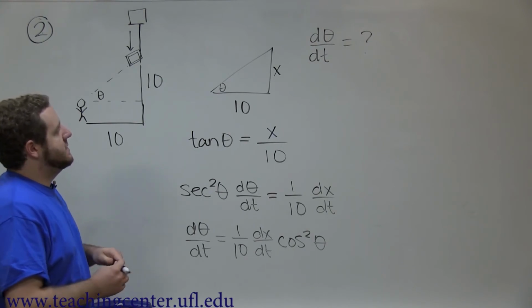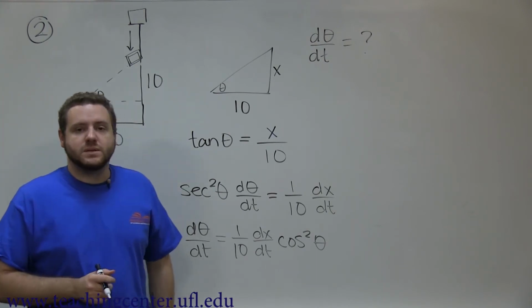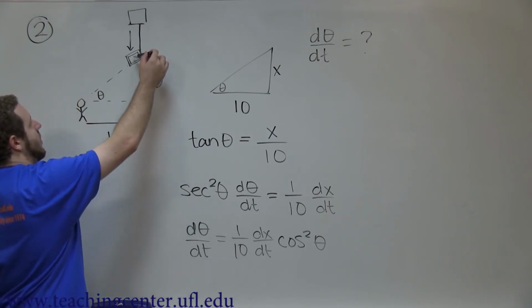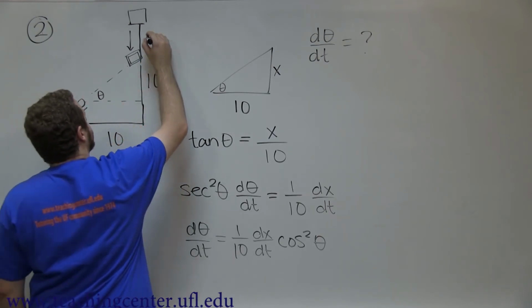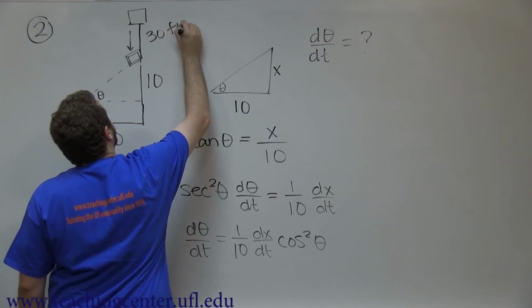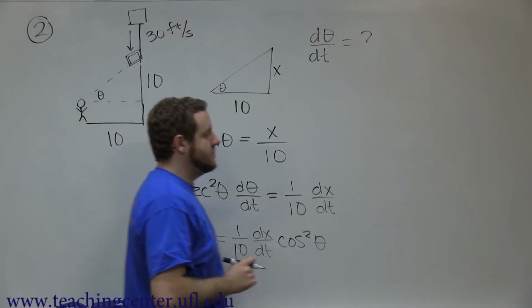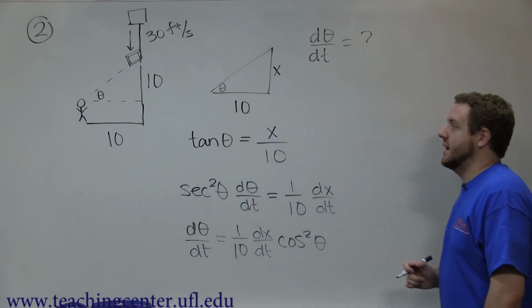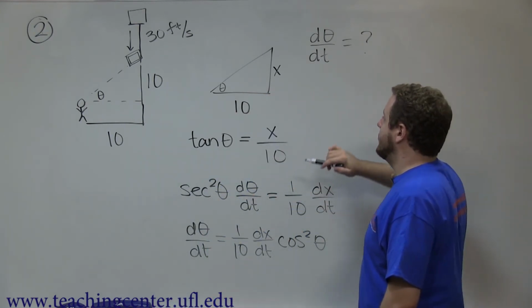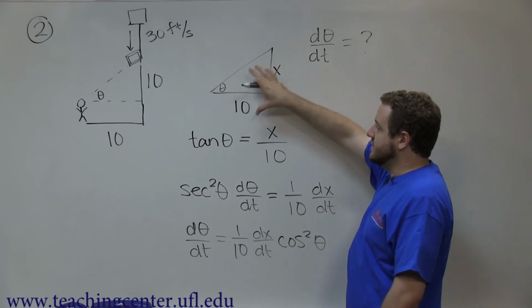So let's see what we're given. One thing that we didn't incorporate on our drawing but was given to us in the problem, it said that the TV is falling at a rate of 30 feet per second at the moment. And that will help us get our dx dt, because dx dt is how fast this distance is changing.